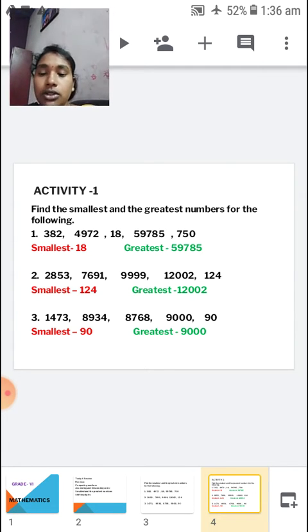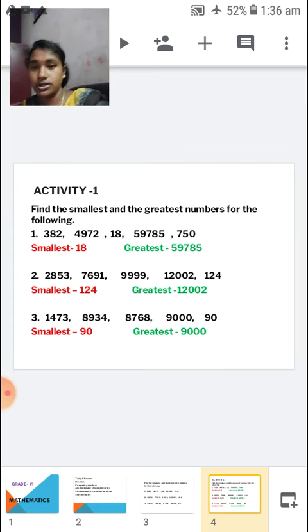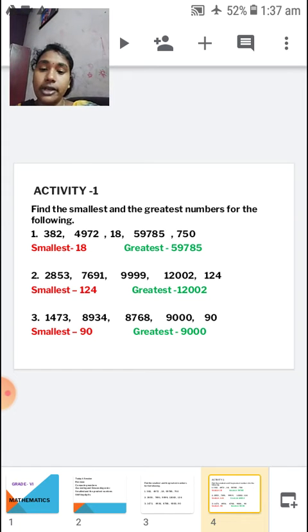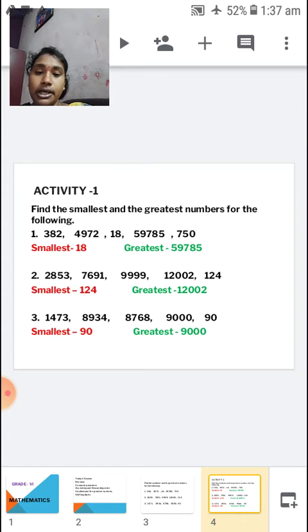Okay, in the second question we have 12,002 as the greatest number and the smallest number is 124 because it has only 3 digits. Okay children, in the third question we have the greatest number to be 9,000 and the smallest number to be 90. Okay, so did you understand how to find out the smallest and the greatest numbers for the following?